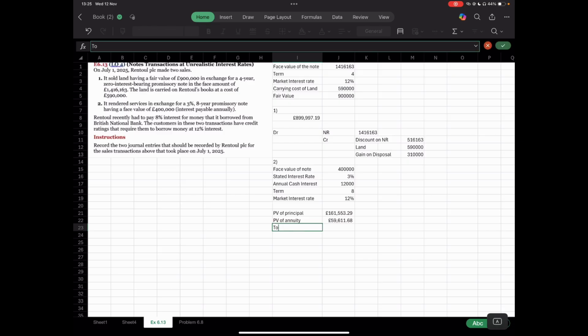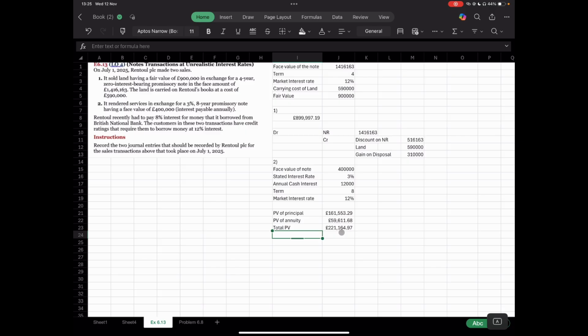Now we're going to find the total present value. Here we have our total present value, and now we're going to prepare the journal entry for July 1st, 2025.